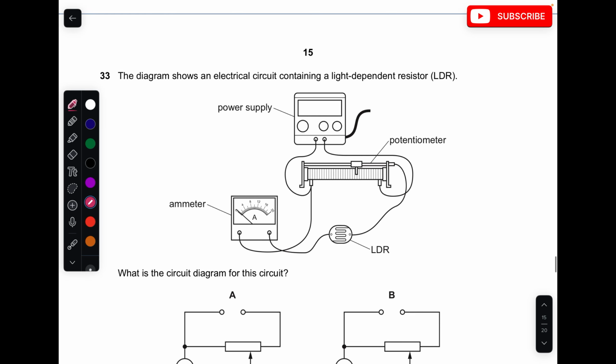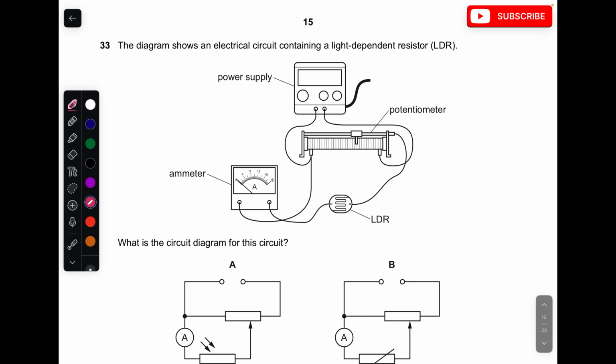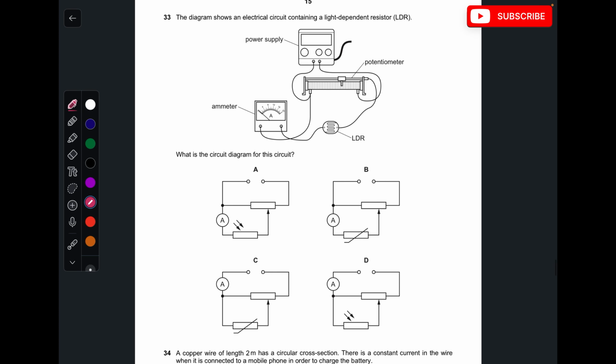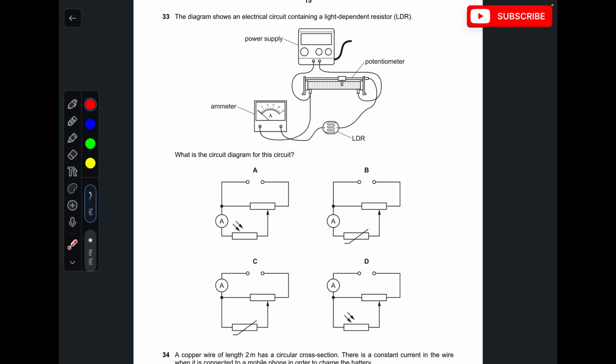Question 33. They have given you a diagram and you have to tell what the circuit diagram for this is. If we tally this, we have the power supply here, and with the power supply, the variable resistor or potentiometer is attached. This one seems correct, and this one seems correct.